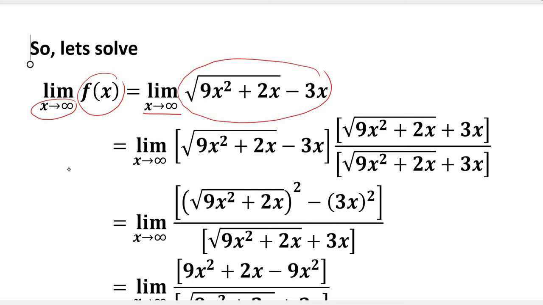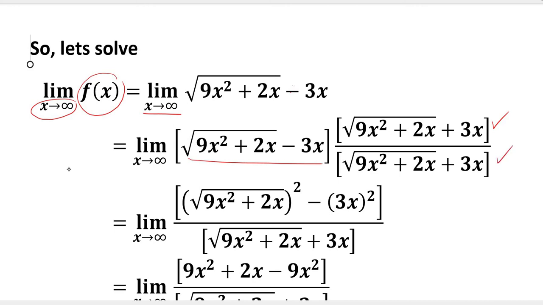If you have minus over here, the additive inverse is a plus. And if it's a plus here, then the additive inverse has a negative. So the additive inverse of this function is the square root of 9x squared plus 2x plus 3x. So we multiply with that and divide with that.